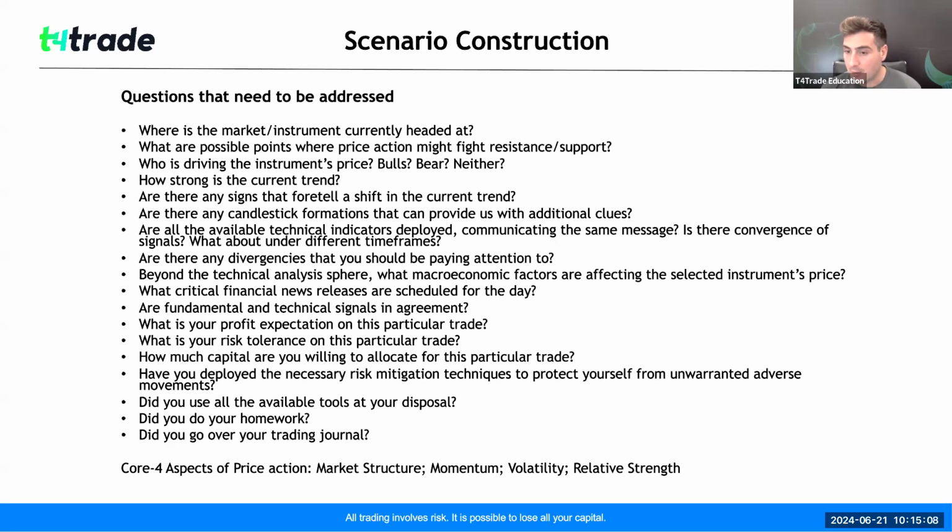Or let's just say I'm getting divergent kind of signals. Price action is moving to the upside and I see divergent signals arising from, for example, the RSI or any other given technical indicator that I have outlaid on my charts, and I'm going to be paying attention to this, and I'm waiting. You know what?